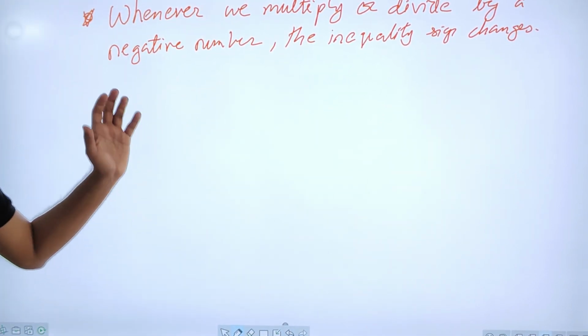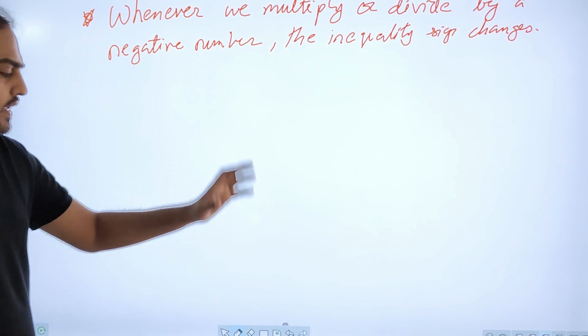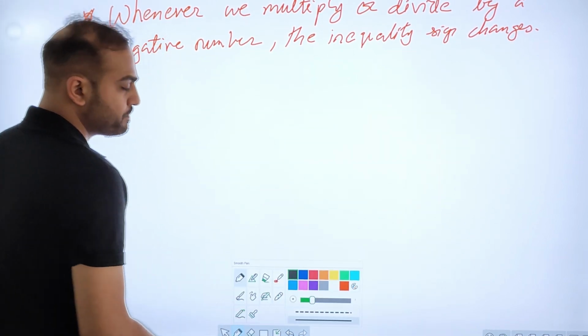Whenever you multiply or divide by a negative number, the inequality sign will change.